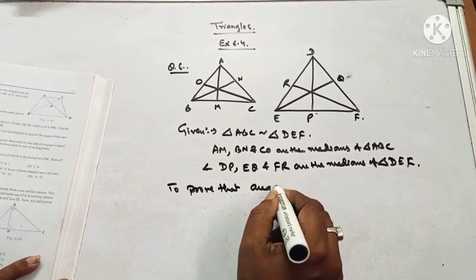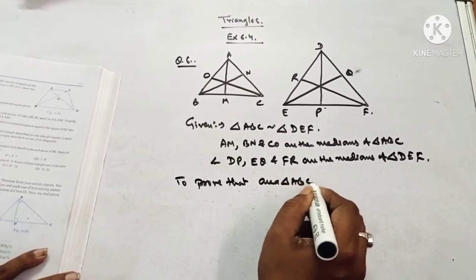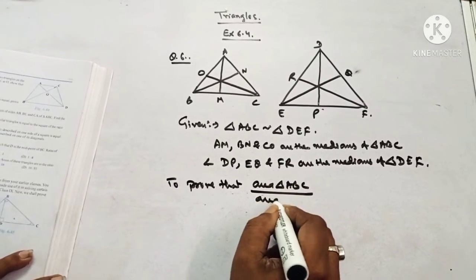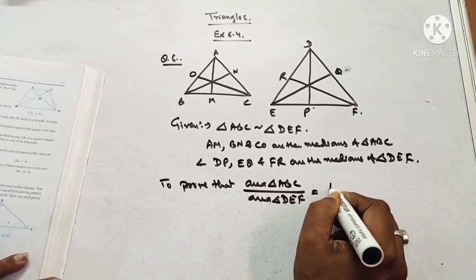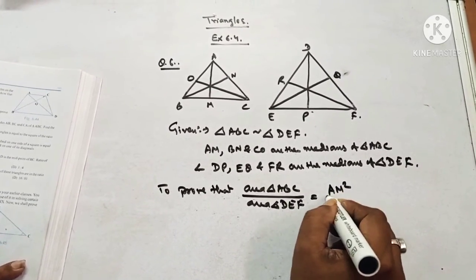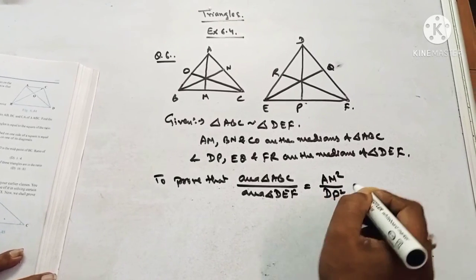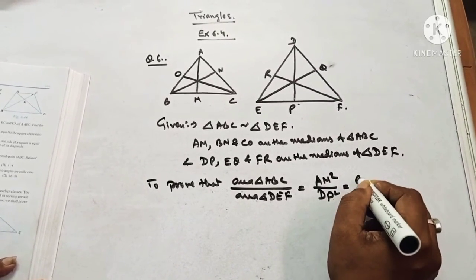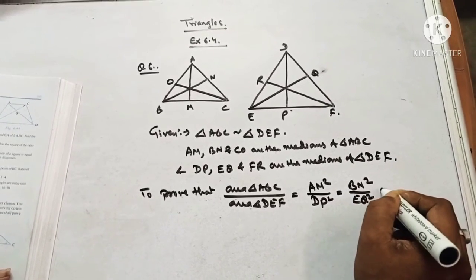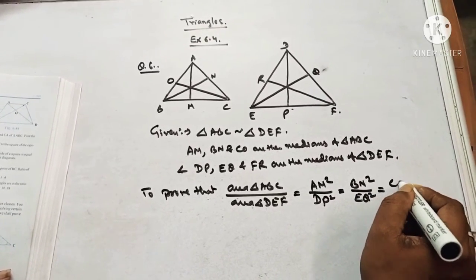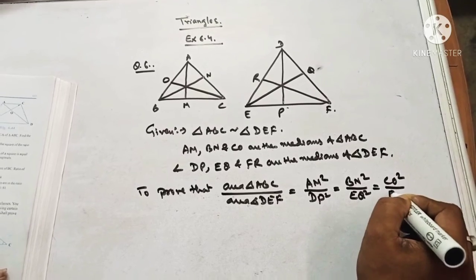area triangle ABC by area triangle DEF is equal to AM square by DP square is equal to BN square by EQ square is equal to CO square by FR square.